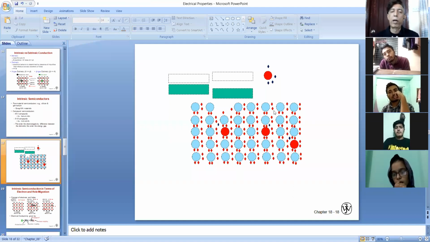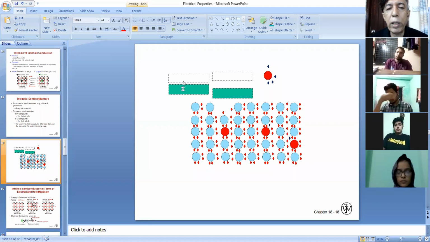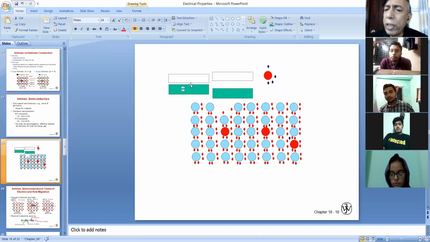So what I want to say is that for transition of this extra electron from the valence band to the conduction band, the band gap is very small. If you give slight energy, it can go from the valence band to the conduction band.